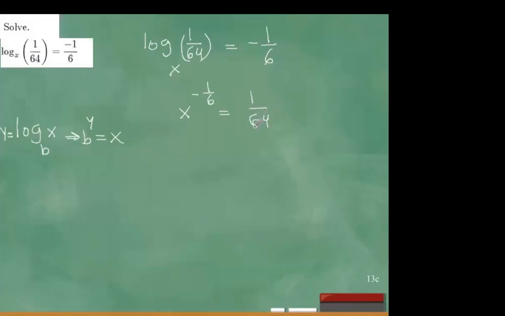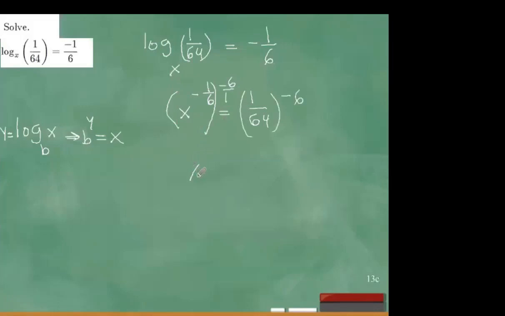Now I need to see if I can make the base the same as each other. I can write this as, nope, there's no base here. So in this case, I need to eliminate minus 1 over 6. So raise both sides of the equation to the power of minus 6 over 1, so I can isolate x.